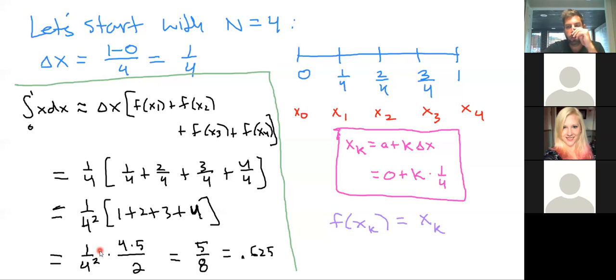You can plug it into a calculator, you can do it mentally, whatever's easier for you, as long as you do it correctly. But the deeper picture here is how did you get there? Why did I write it this way? Does that make sense? Maybe? Yep, I'm good now. Okay.